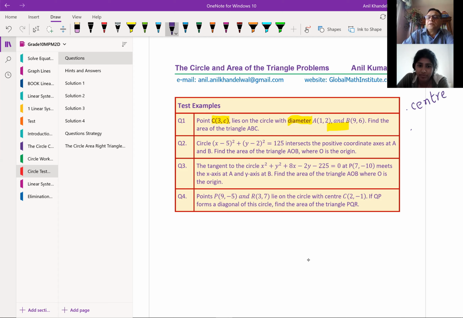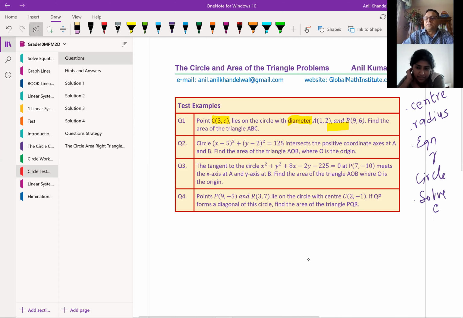And then you find the radius, correct? And then you find the equation of circle. And then what do you do? You sub in the circle x and then you solve for c, right? Using distance formula, correct? Which involves square root, right?